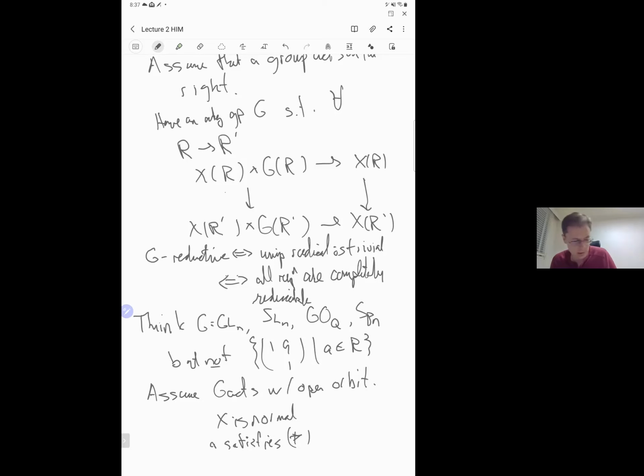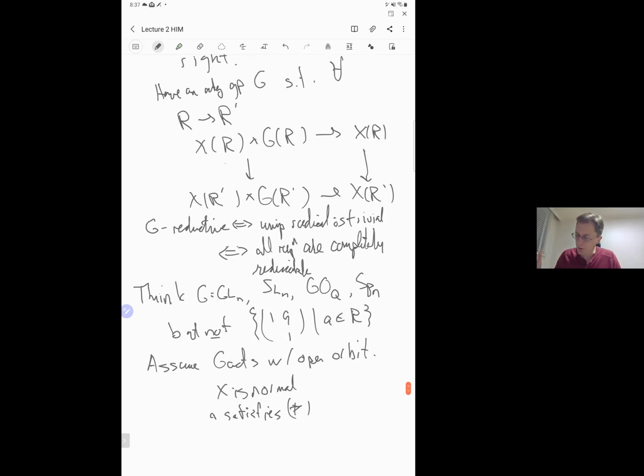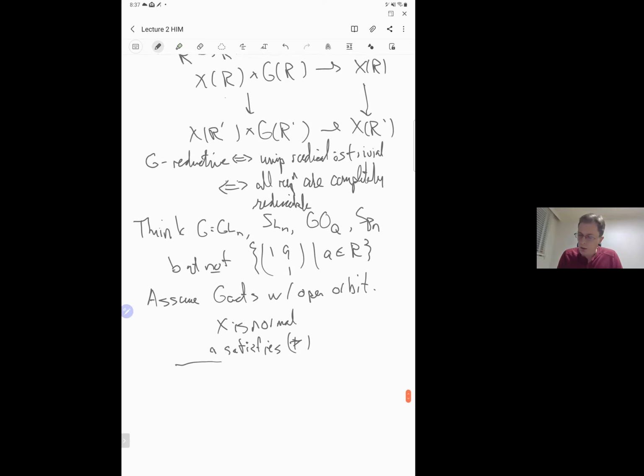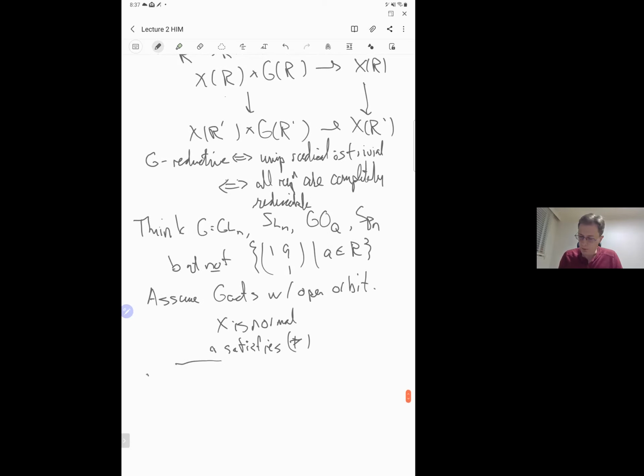Okay, I'll say what star is in a moment, but I'm not even sure whether this is actually necessary. The spoiler is that I want to say that it's spherical, but I'm not sure whether this is necessary for what I'm going to be talking about, although the primary applications seem to be in that case. So here's the conjecture, the Poisson Summation Conjecture.